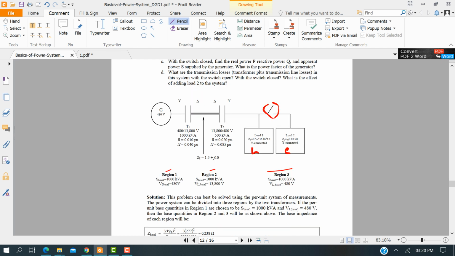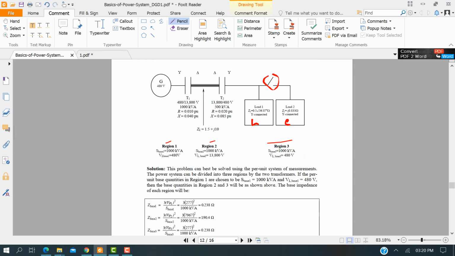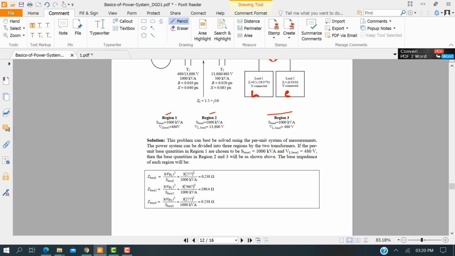So now it's time to solve all the values in per unit. Now let us see, we have to set a base impedance first. If we consider region 1, the base apparent power, base kVA, is 1000 kVA, and the base voltage is 480 volts here.